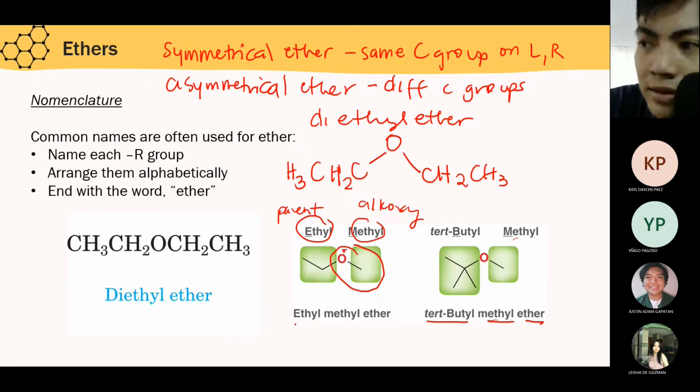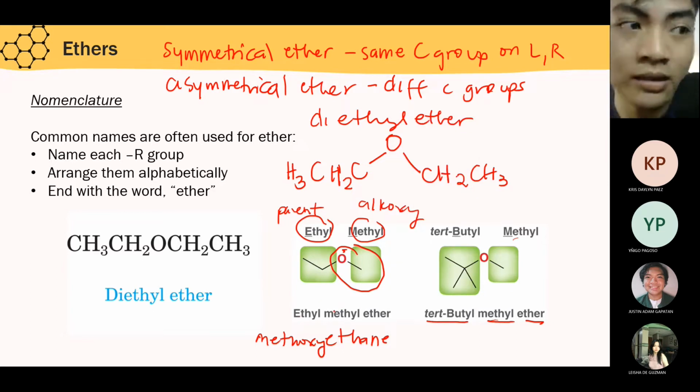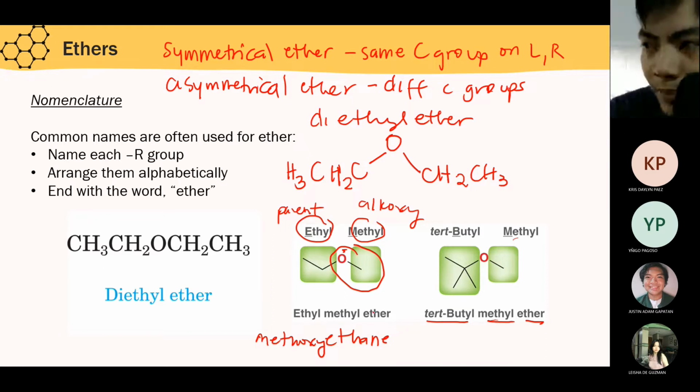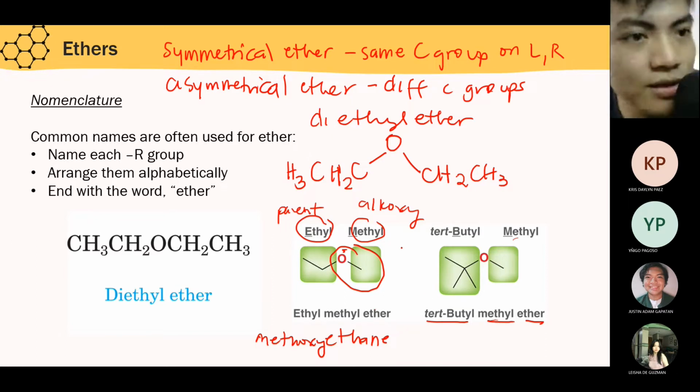So ano pangalan niya? So that will be methoxyethane. So yun yung pwedeng name niya. Methoxyethane o kaya ethyl methyl ether. Kung sino yung maigsi yung carbon chain, kukunin niya yung oxy na suffix. Methoxyethane. How about this one?